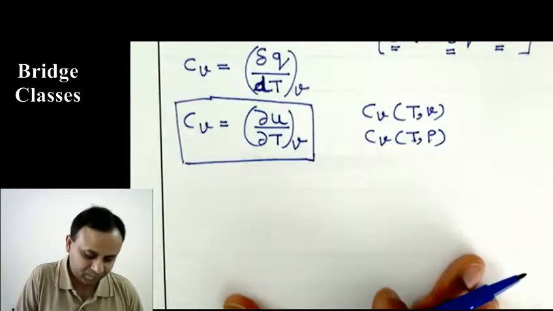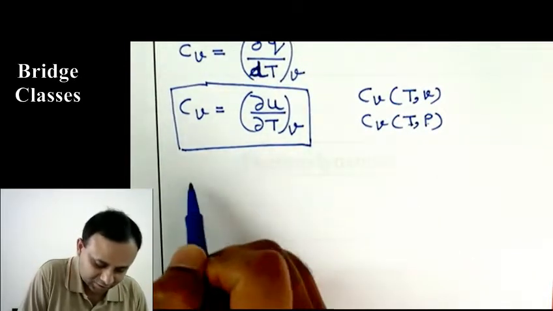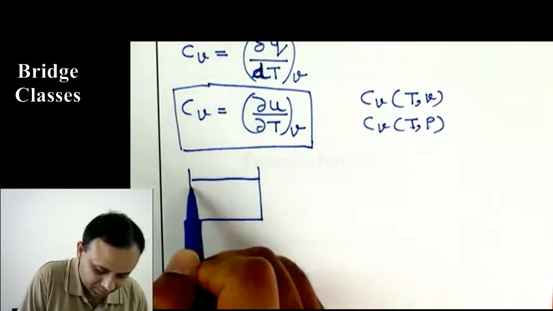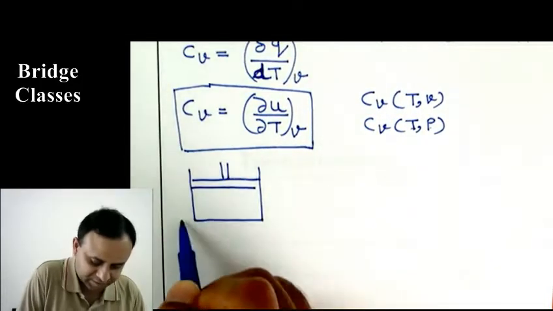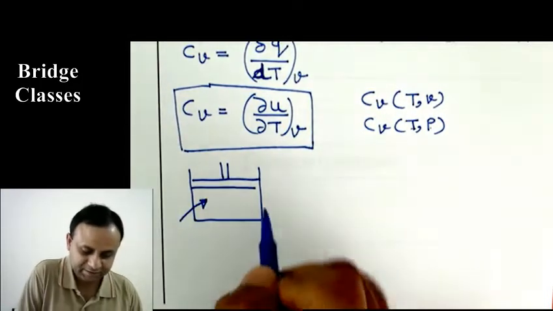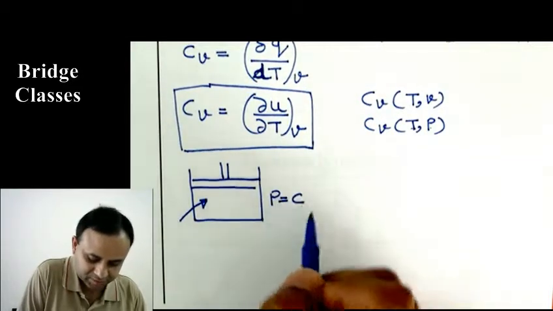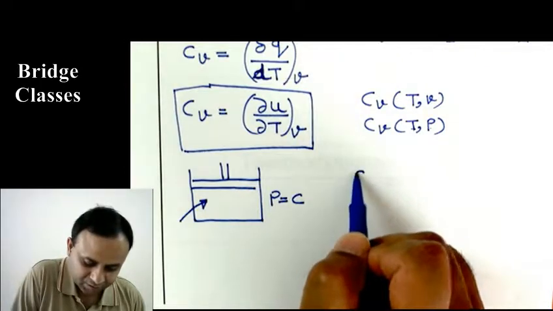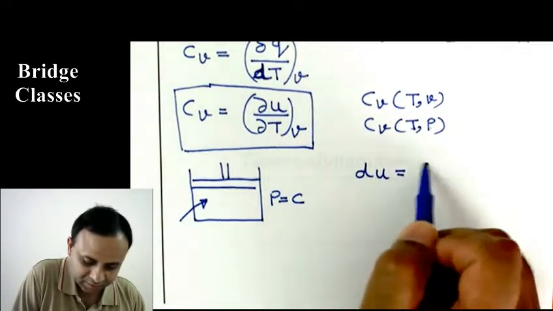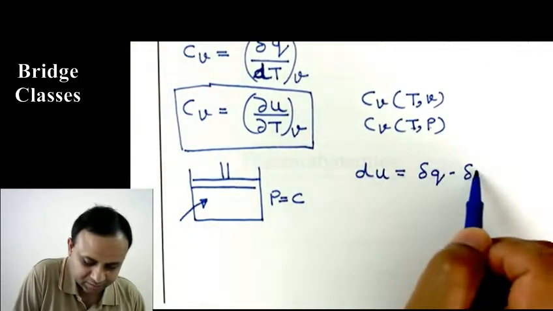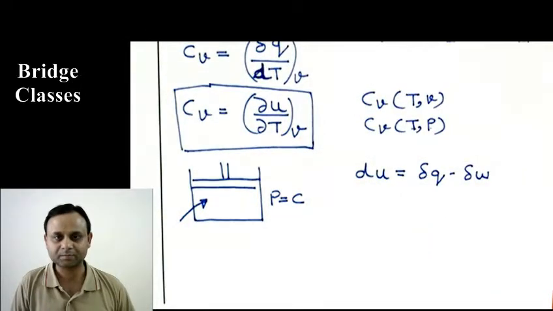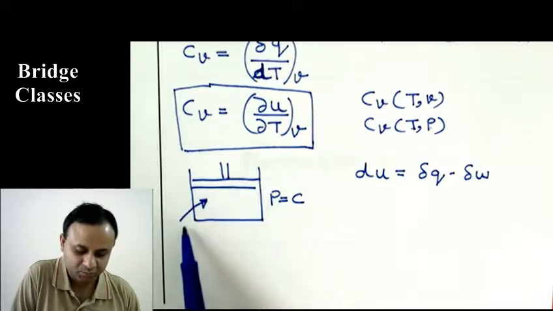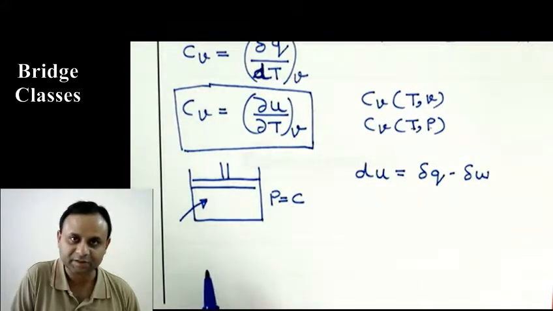Okay. Now instead of a constant volume process, if the process is constant pressure, so now think of heating in a piston cylinder device. There is heat addition and it's a constant pressure process. Then again, beginning from the first law, that is du equals delta Q minus delta W. In this case, there is work exchange because this piston is going to move when there is heat transfer at constant pressure.